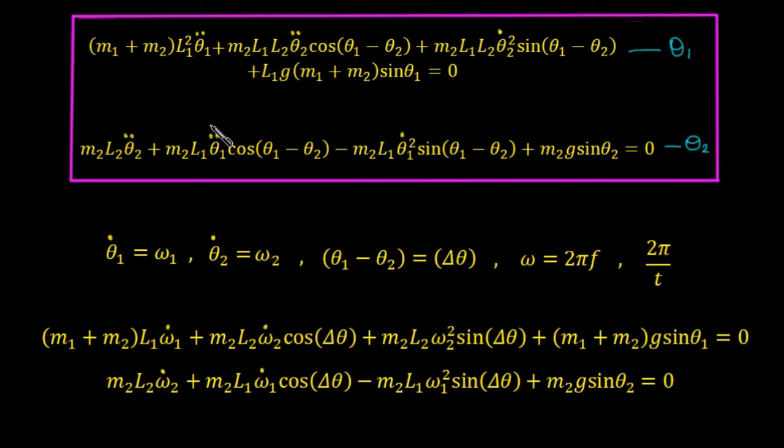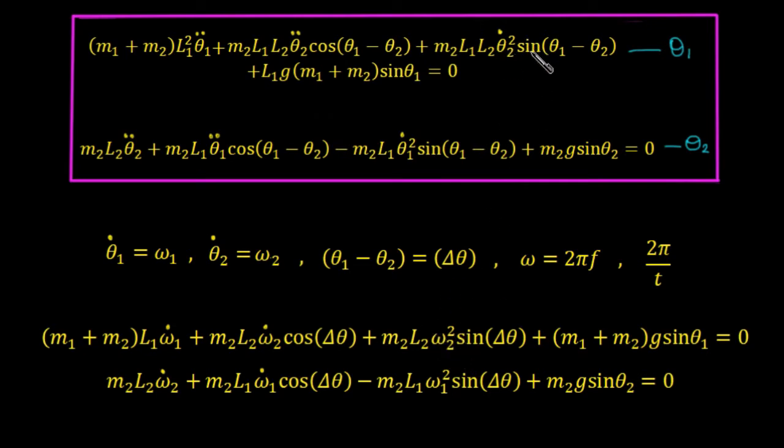Okay, so down here we're going to be left with just the single L1, because this is L1 squared, so now we'll have m1 plus m2 times L1 omega 1 dot, so that's straightforward enough. The second one here is going to be our m2, and our L1 cancels out, so we're just left with L2 omega 2 dot and the cos of delta theta. The term here is going to be our m2 and our L2, the L1 cancels, and we'll just be left with our omega 2 squared.